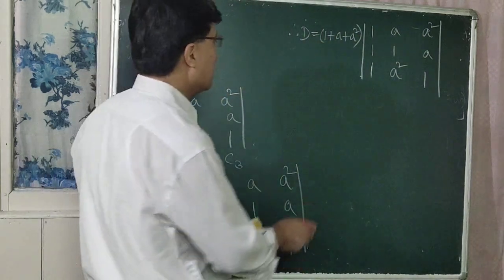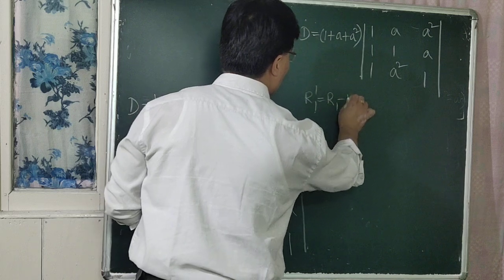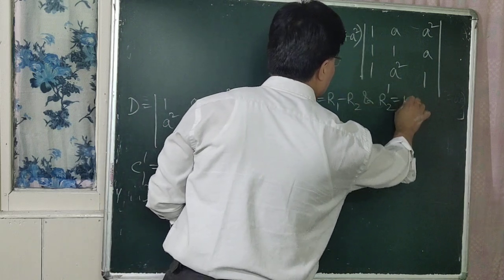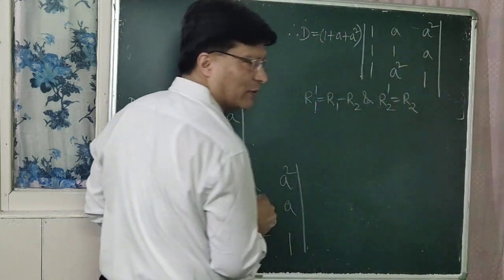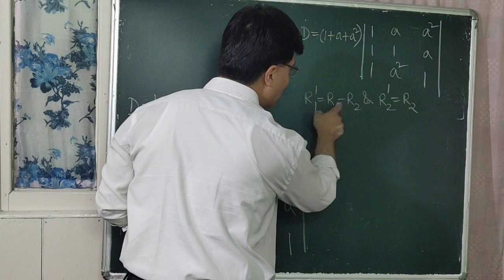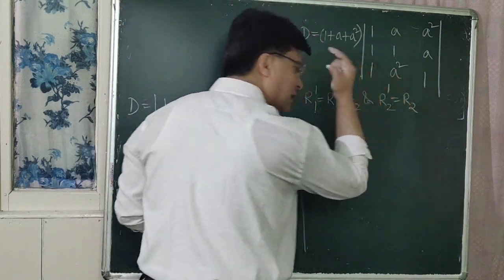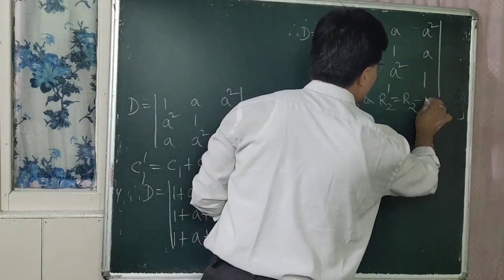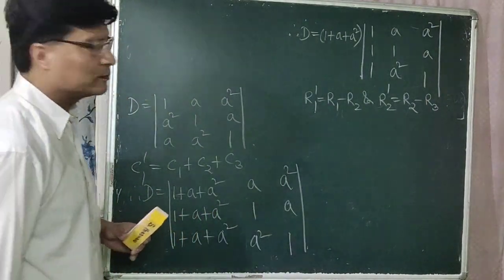Okay, so let us use R1 dash is equal to R1 minus R2 and R2 dash is equal to R2 minus R1. No, that is not allowed, because you cannot repeat both these together here. If it is R2 dash, then you must write R2, so do not write R1, write another row, that is minus row 3.